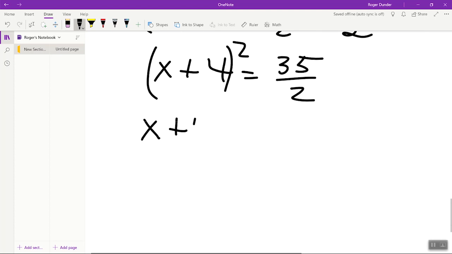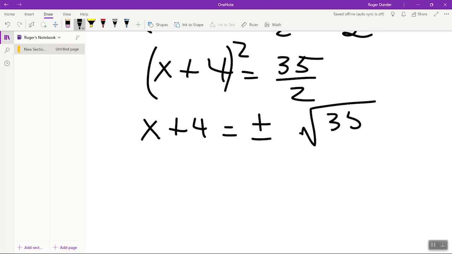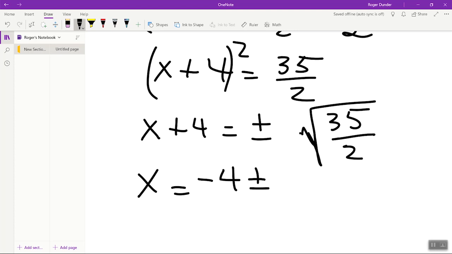Square root of the left, x plus 4 is equal to plus or minus the square root of 35 over 2. So x is equal to minus 4 plus or minus the square root of 35 over 2.